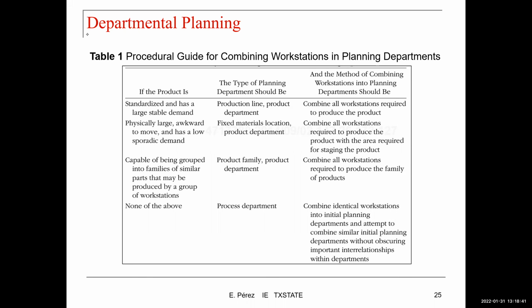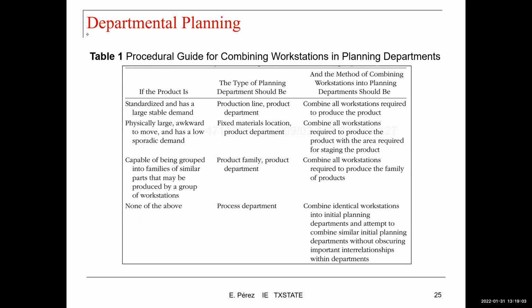If the product is capable of being grouped into families of similar parts that may be produced by a group of workstations, let's say different Samsung phones, cell phones, that have shared parts, product family or product department, and it will combine all workstations required to produce the family of products.